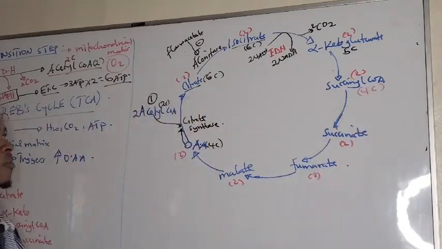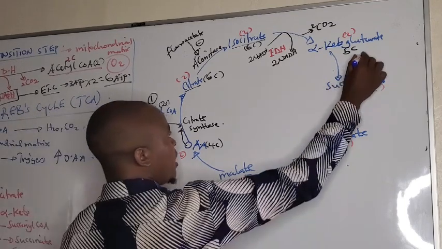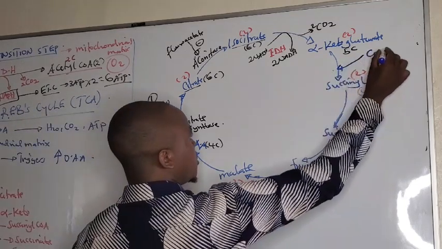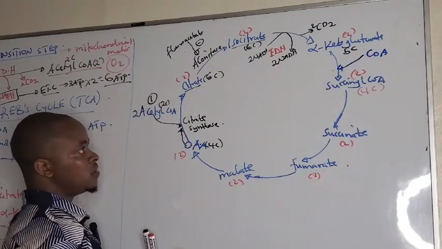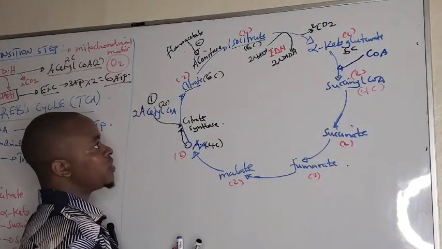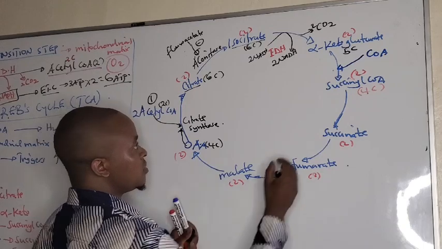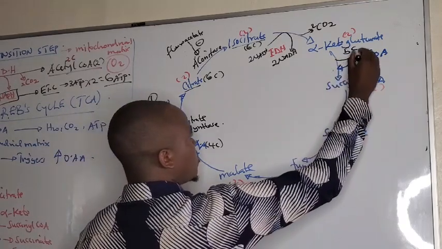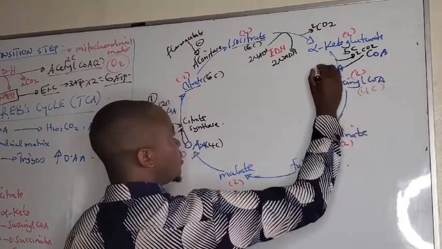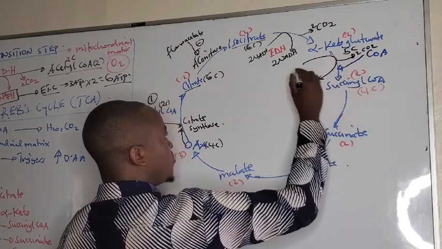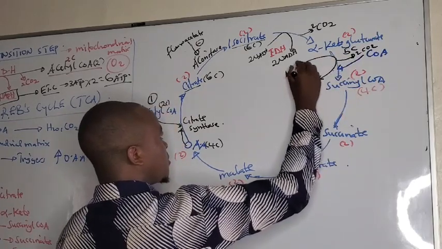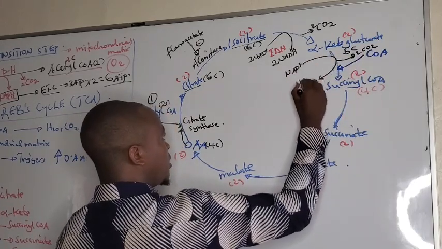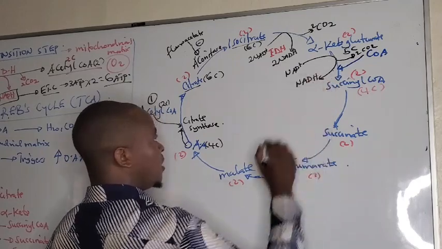And this 4-carbon compound is succinyl-CoA, whereby we need addition of coenzyme A. Coenzyme A is added, coupled with decarboxylation. There is loss of carbon dioxide, whereby we have NAD plus being reduced to NADH.